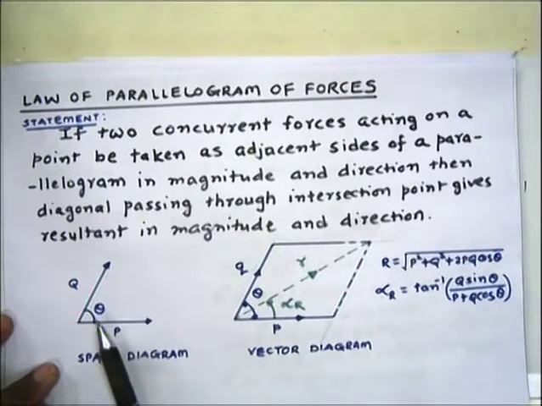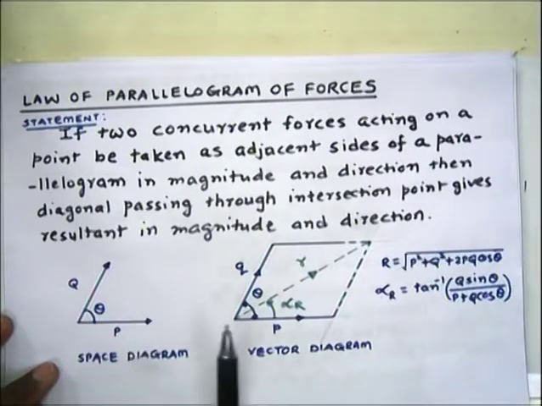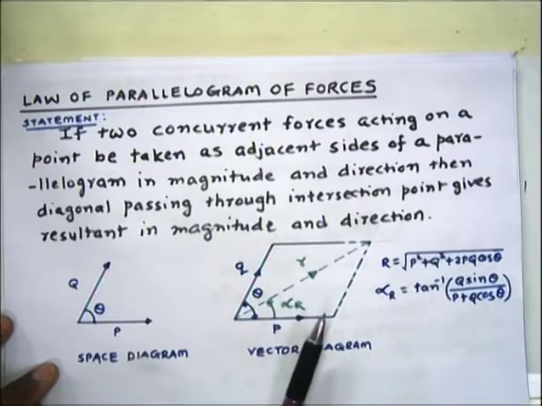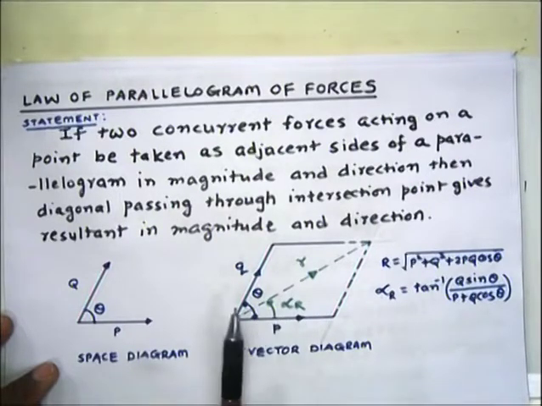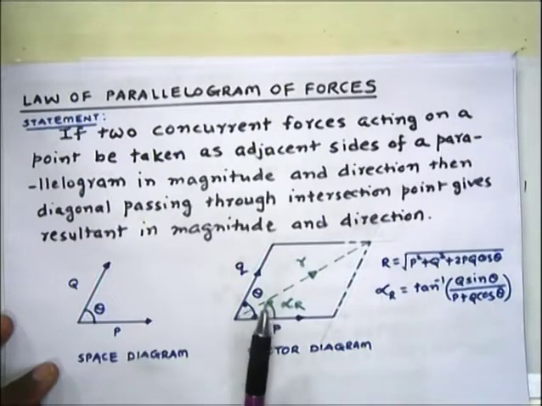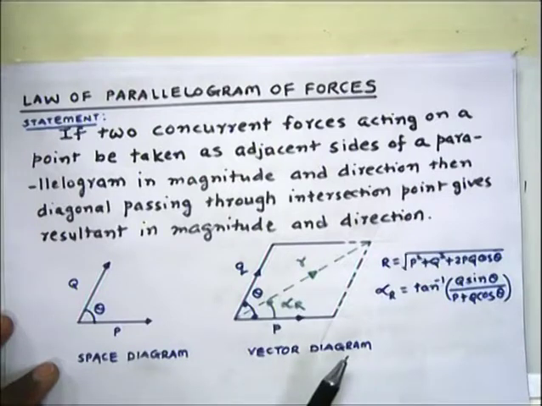Here this diagram, as I discussed in the earlier lectures, is known as the space diagram, while this is known as the vector diagram, because whatever forces are given are drawn to scale and parallel to the respective forces. So whatever diagram we get is known as the vector diagram.